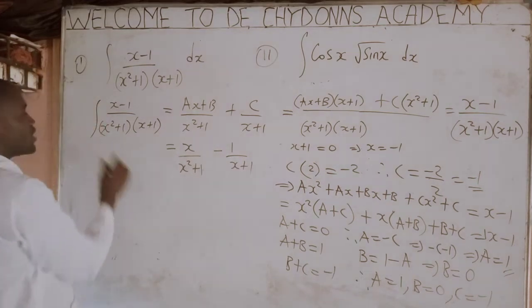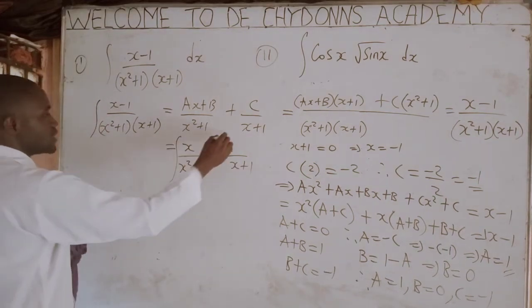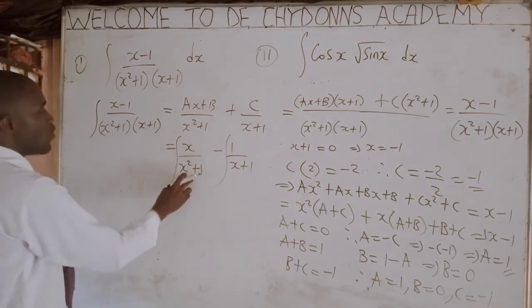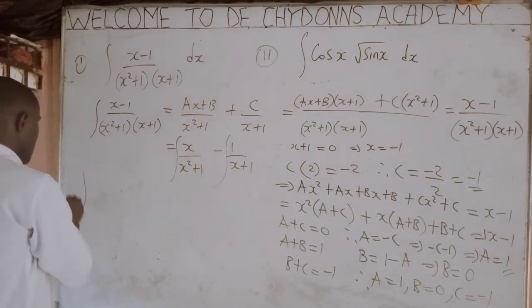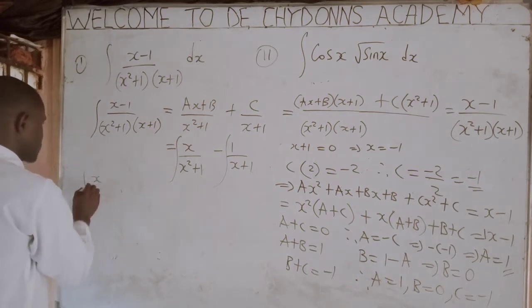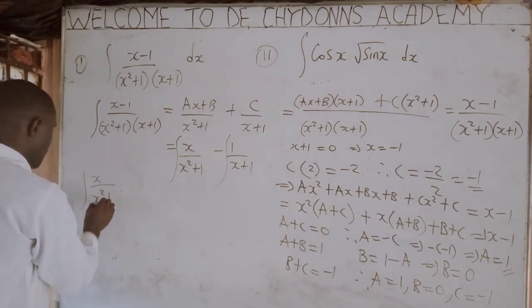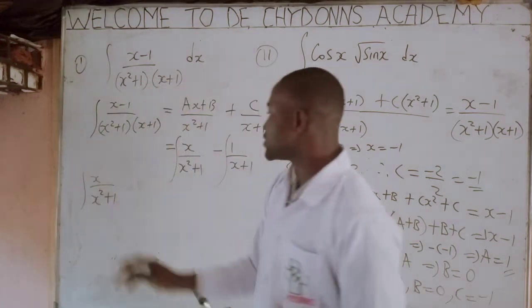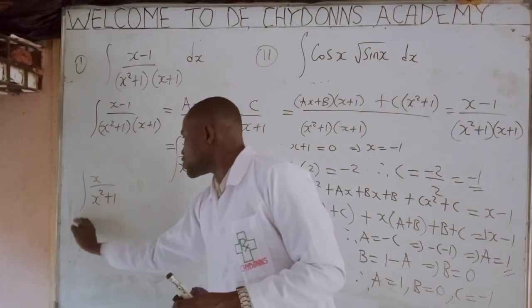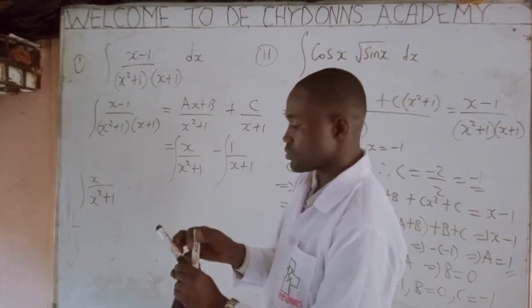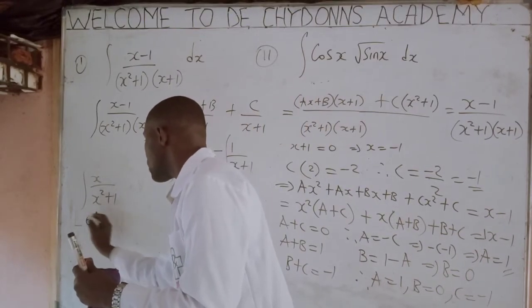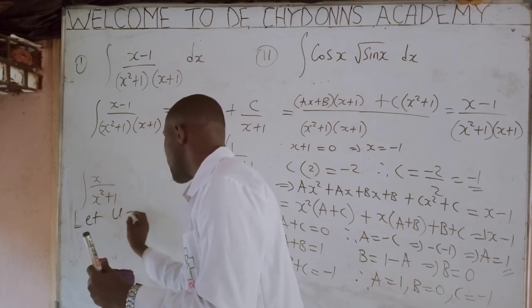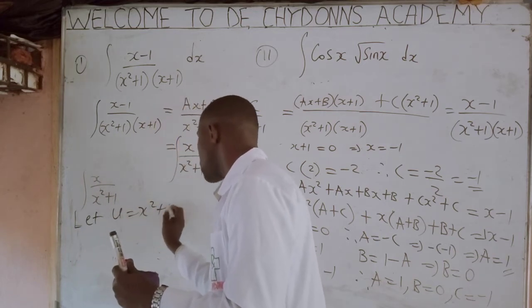So integration of this simply means integrate this and integrate this. How do we integrate this? We say integration of x over x squared plus 1. How do we integrate it? Let u equal x squared plus 1.